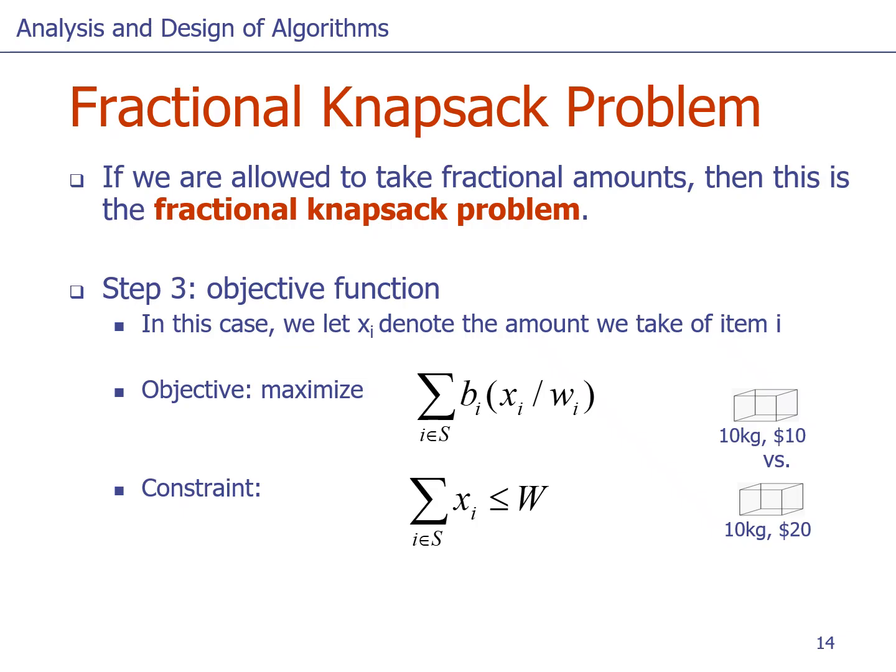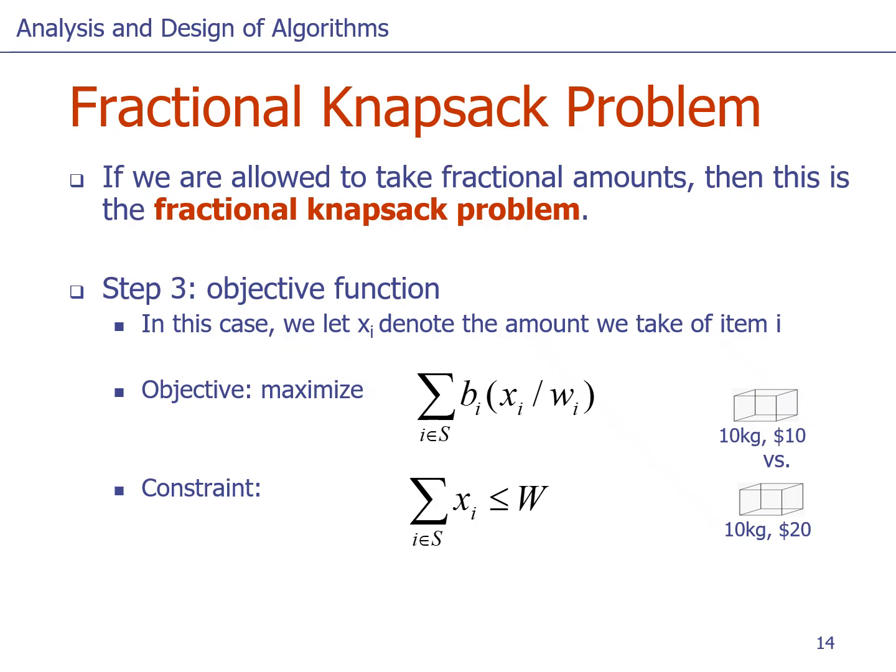Okay, I hope now your math is coming to the rescue, because this is a function I'm trying to maximize. This is not a function I'm solving. In other words, there are many instantiations of this formula, the summation over i belonging to S of b of i multiplied by x of i divided by w of i.